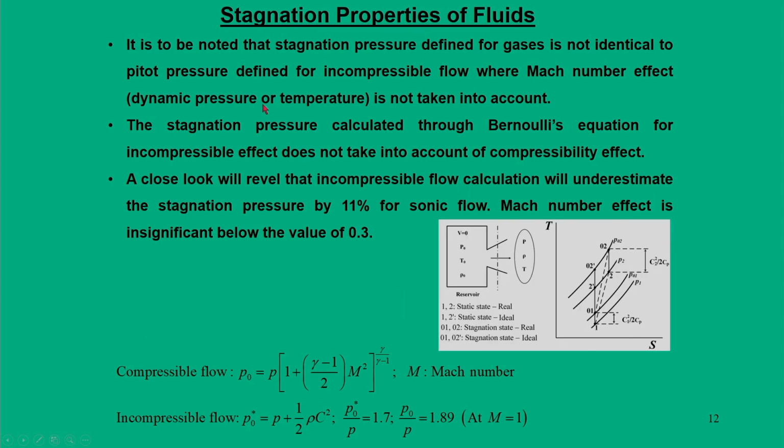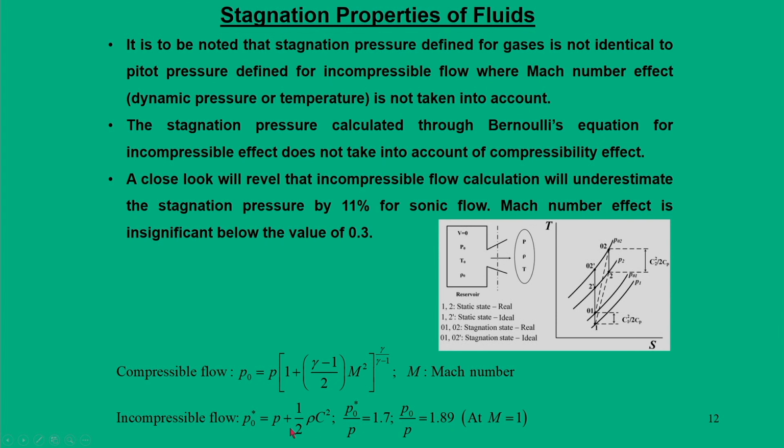Another aspect I want to explain is that prior to the definition of stagnation properties, we came across a similar term when dealing with incompressible flow. At that time, we said the stagnation pressure of a flowing fluid can be defined by the static pressure plus the dynamic pressure, that is P plus half rho C squared.